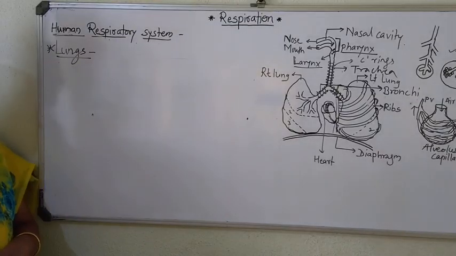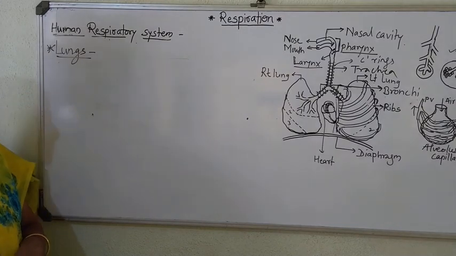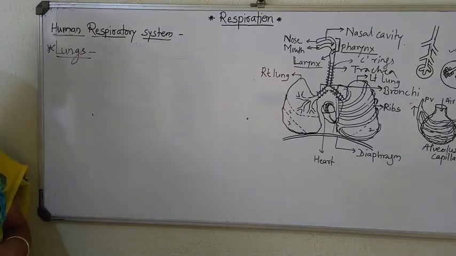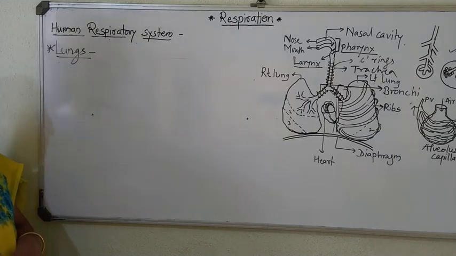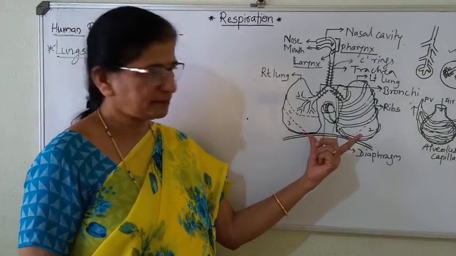Now students, we'll go to the last regions of the respiratory system, that means lungs, intercostal muscles and diaphragm. Lungs are vital organs of respiration.